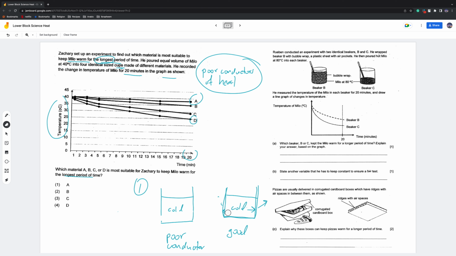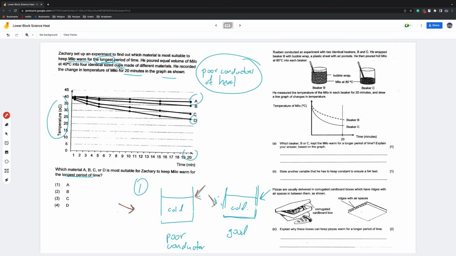So this time round, the hotter area will be from the surrounding, not from inside. So from the surrounding, it tries to go in. Maybe I should use red, and you can visualize that's the heat.